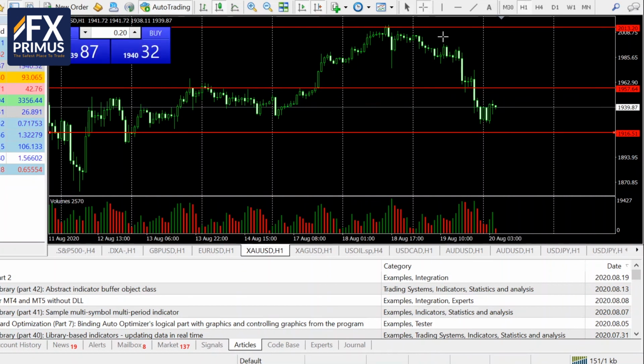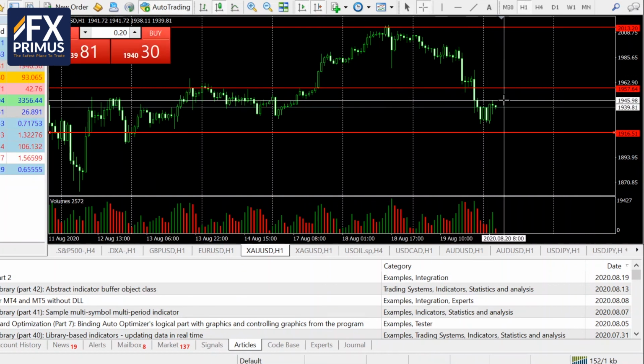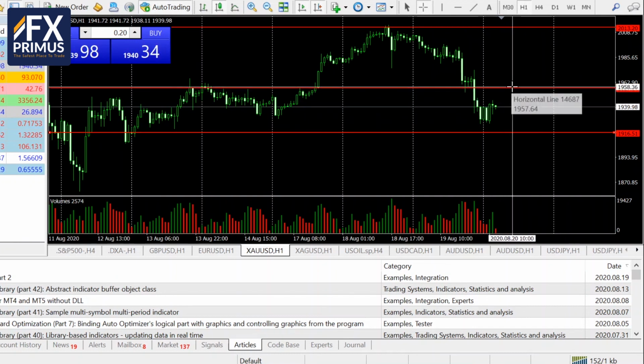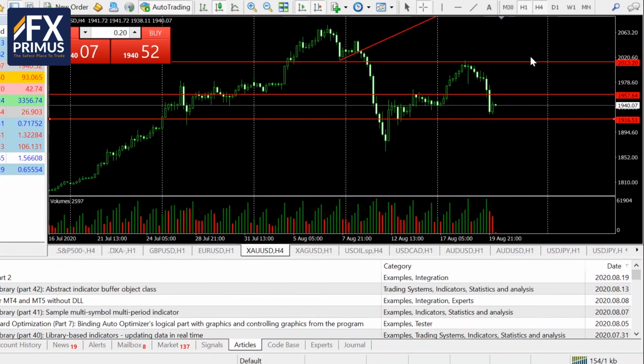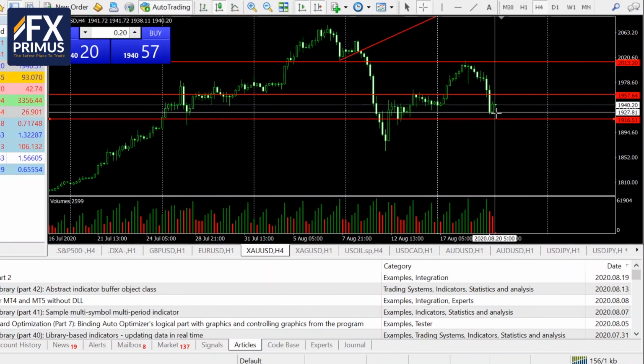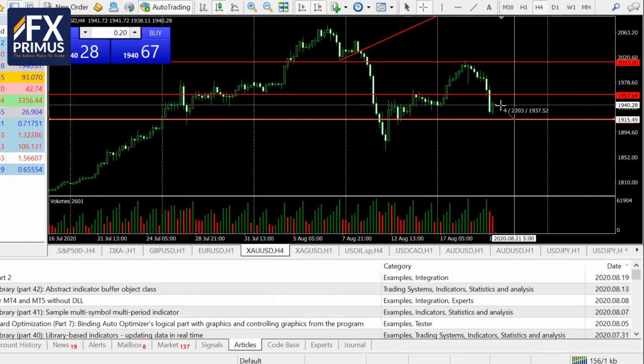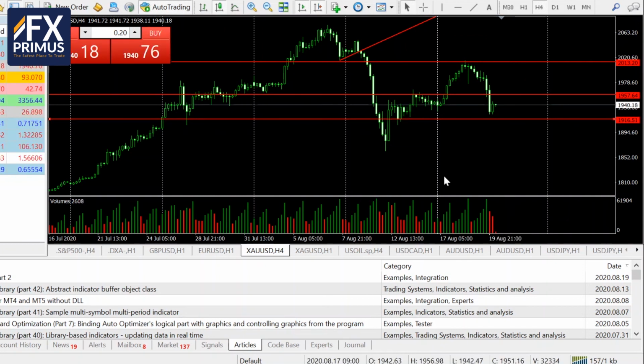If it does break through to the upside, we could be looking at the 1,958 level, which is about $20 to the upside from the current price, and also about $26 to the downside.